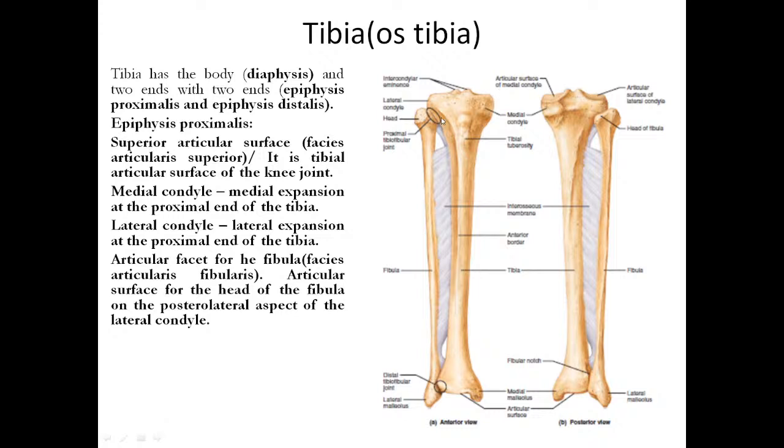The articular facet for the fibula, facies articularis fibularis, is the articular surface for the head of the fibula on the posterolateral aspect of the lateral condyle. This is condylus lateralis, condylus medialis.